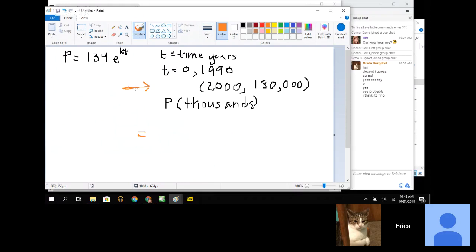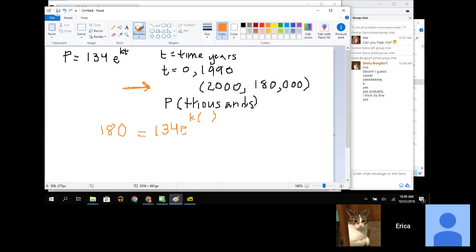If we want to use this data point, then in 2000, the population was 180,000 people, what will we put in for P? We would actually put in just 180 because they tell you that P is in thousands. Does that make sense?